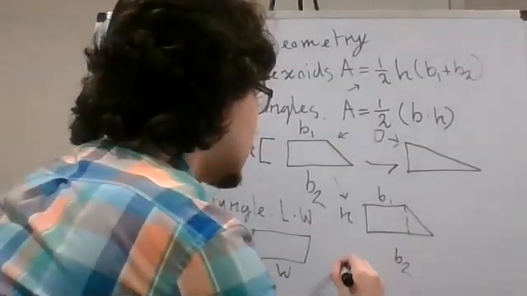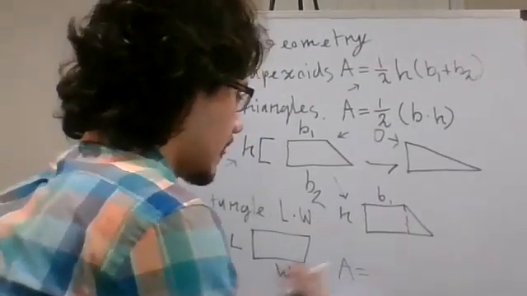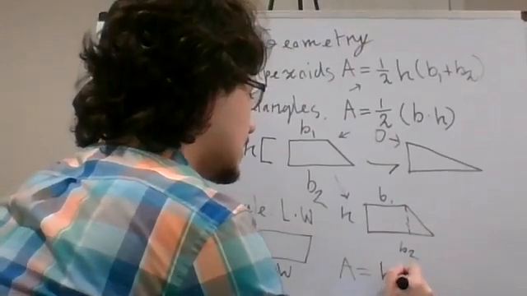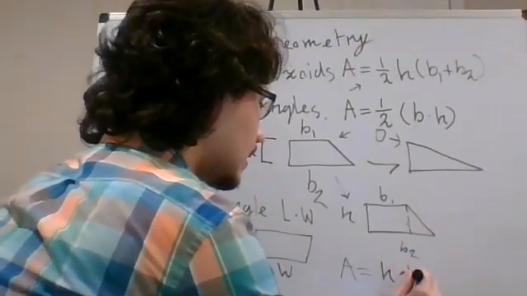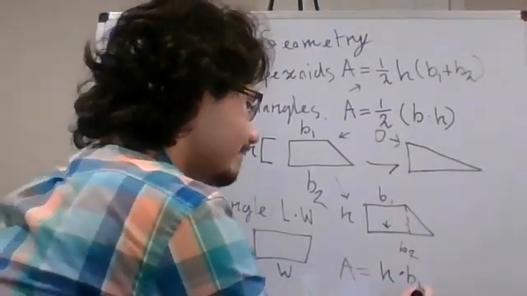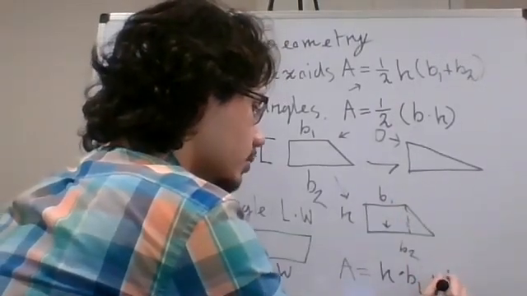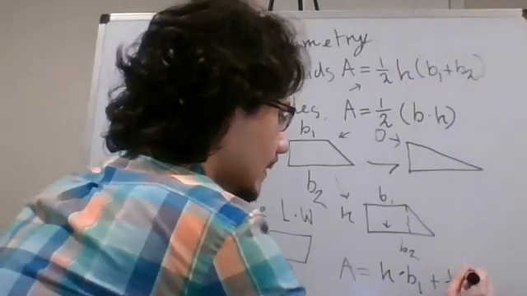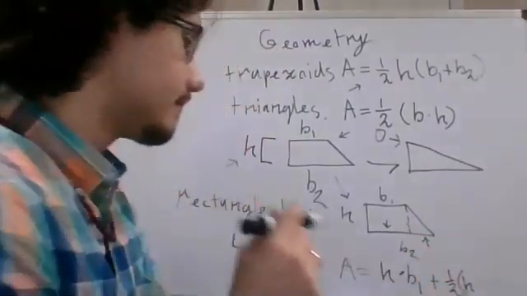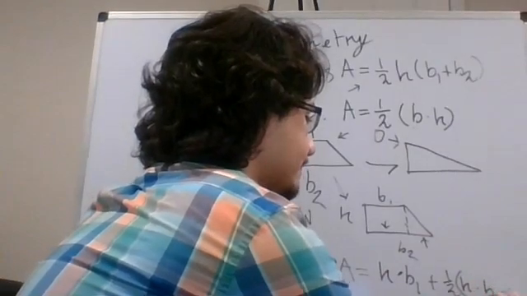That means our area would have been our height times, in this case, base 1, because the bottom would be base 1 as well, plus the area of a triangle, which is 1/2 height times, this segment would be base 2 minus base 1.